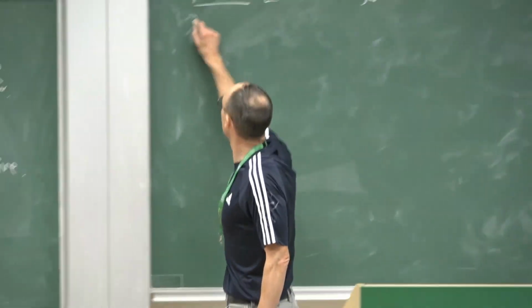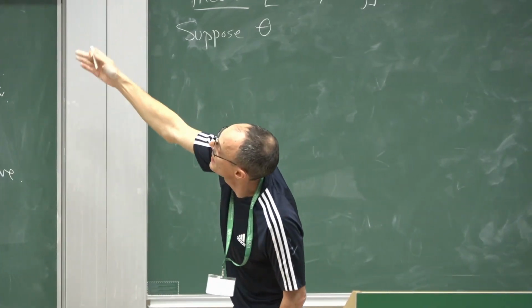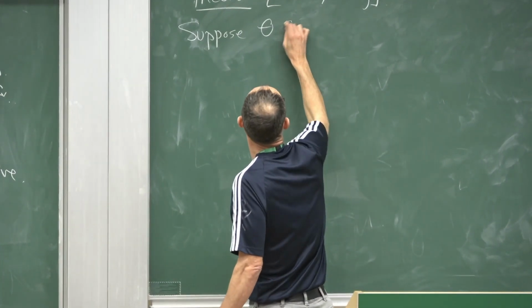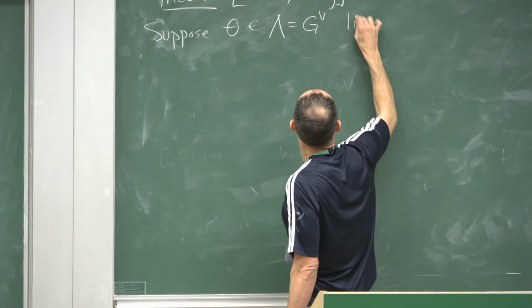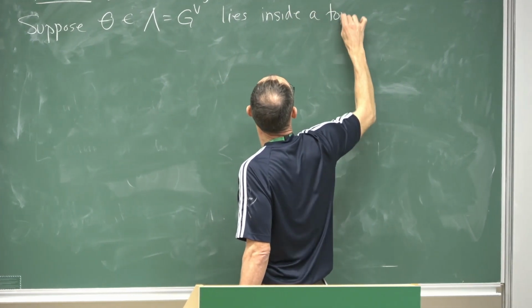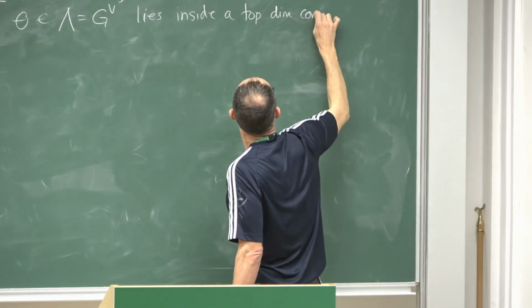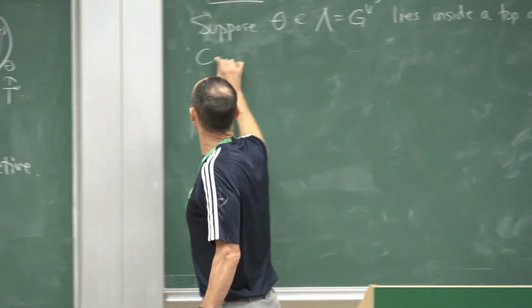So the theorem is, suppose, in general, for our quiver setup, as in the definition, theta, so I've got a choice of character, lies inside a top dimensional cone of the GIT fan.